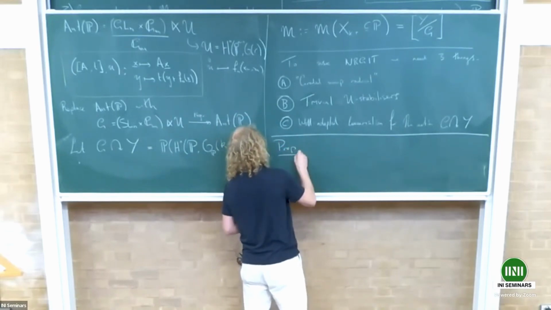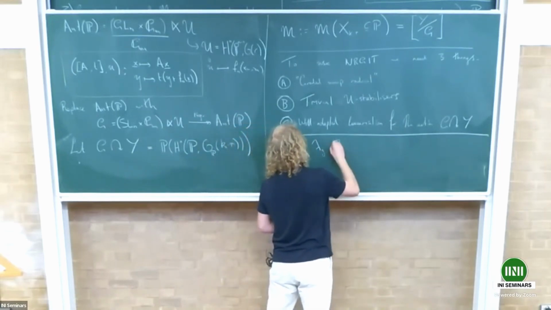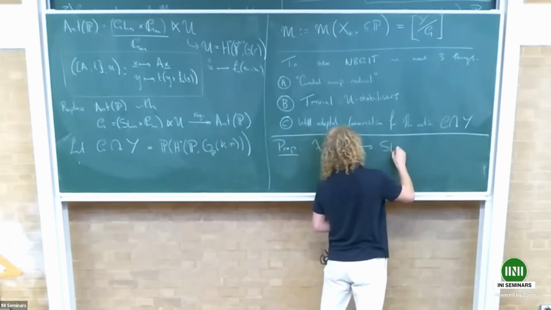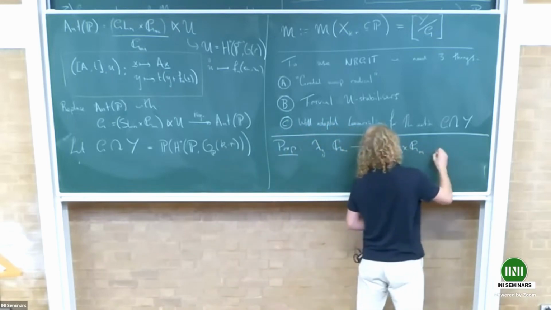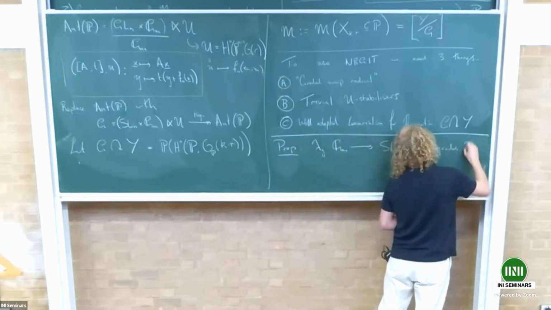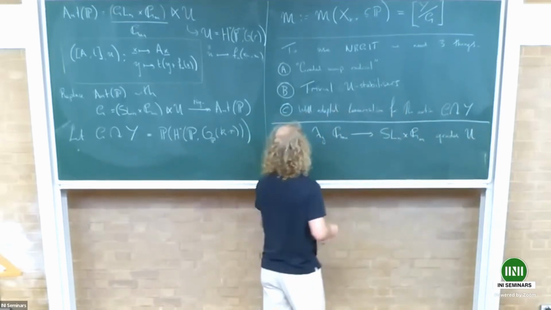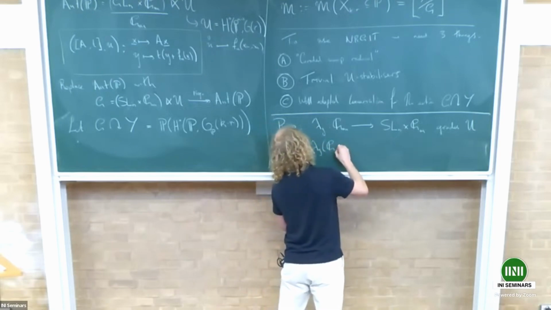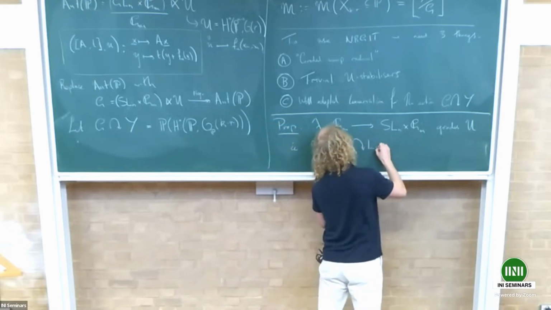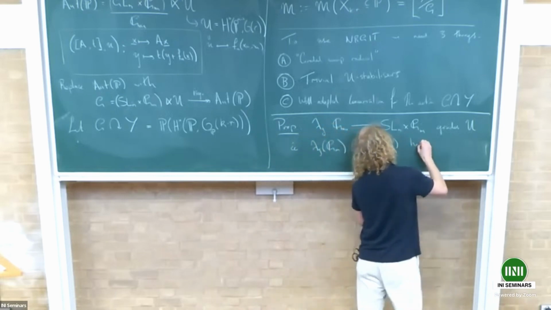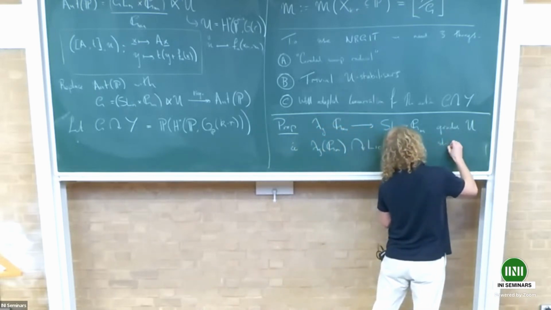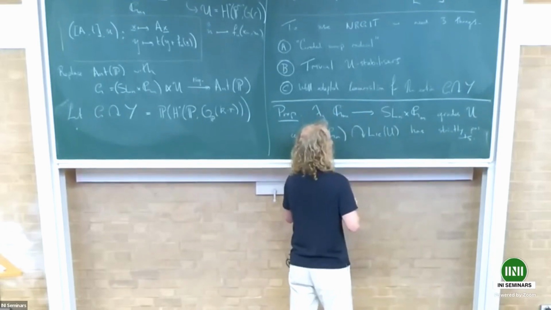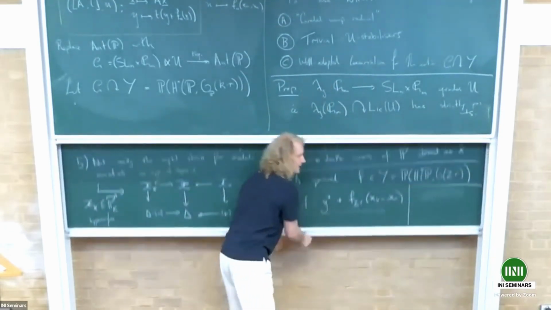The first result is that the following one parameter subgroup grades U, which means lambda G of G_m acting on the Lie algebra of U has strictly positive weights. I don't have enough space anymore to write down what lambda G is, so let's do that.